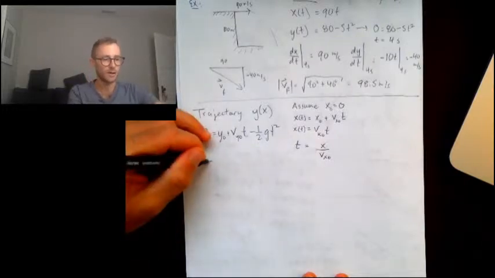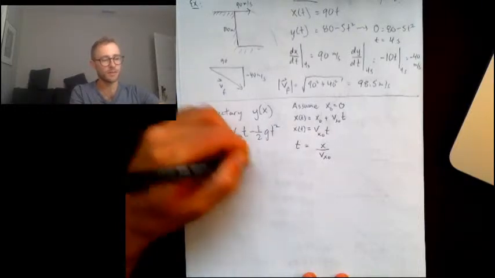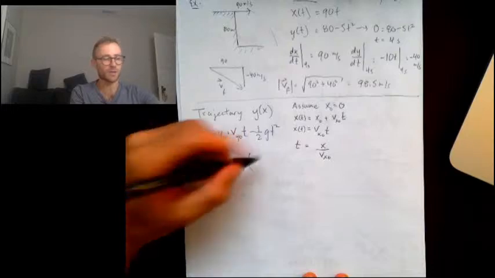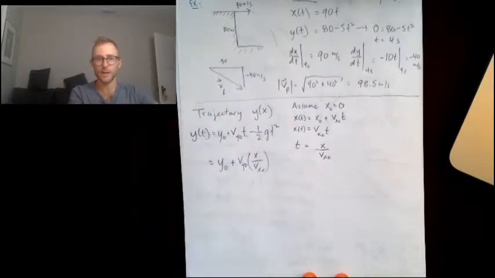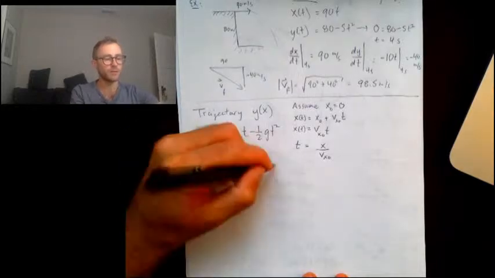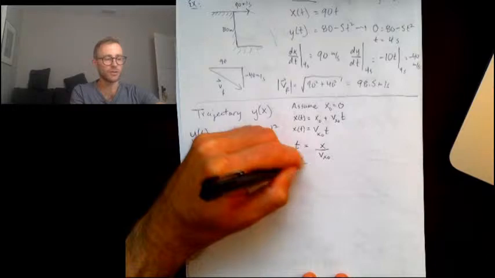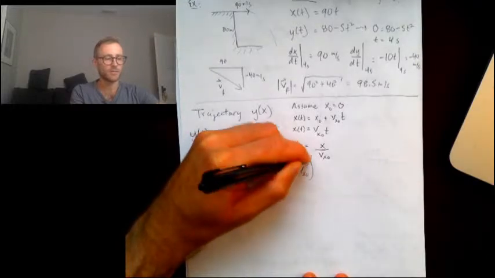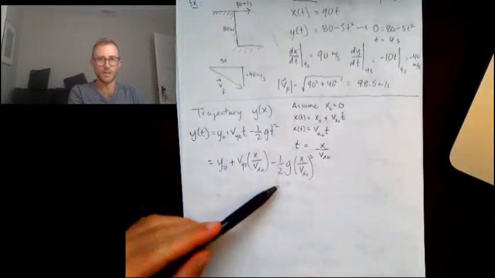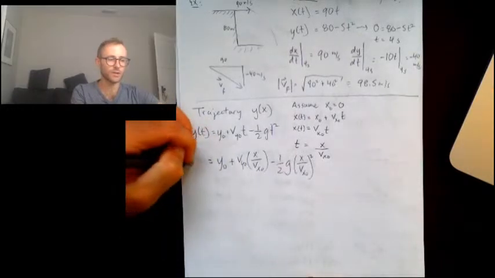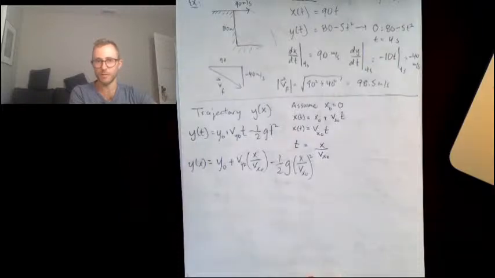So we have y naught plus vy naught, and instead of writing time, I'm going to write x over vx naught, minus 1/2 g times x over vx naught, squared. So notice how I have eliminated time. This is now y as a function of x. So this is the trajectory function for projectile motion.